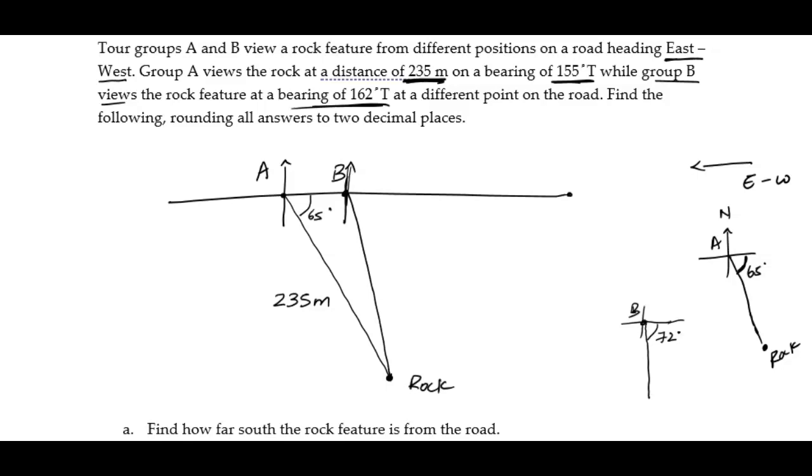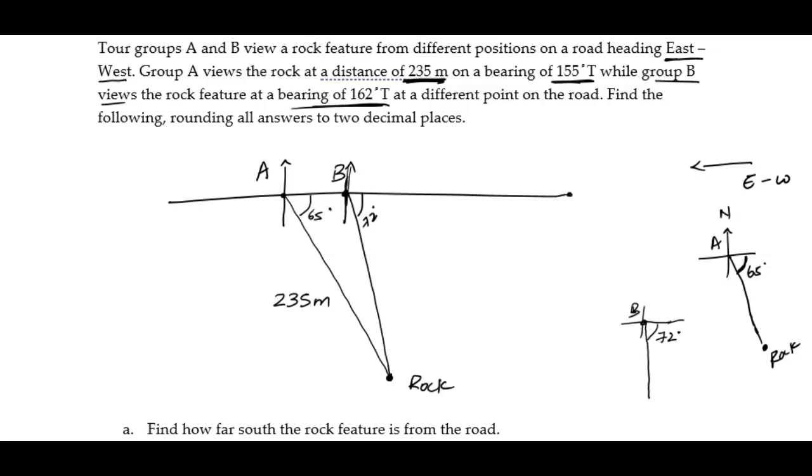The line for Group B is straighter because Group B has a greater bearing than Group A. So I'm going to mark my 72 degrees there. 90 plus 72 gets me to 162 degrees T.